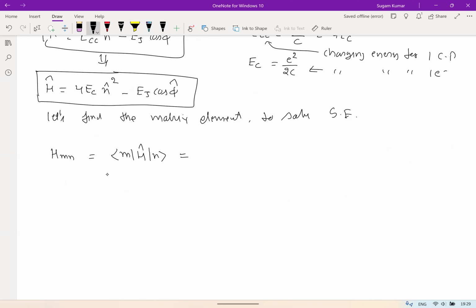So here, N and M, of course, are the same. They are indices from the same set.